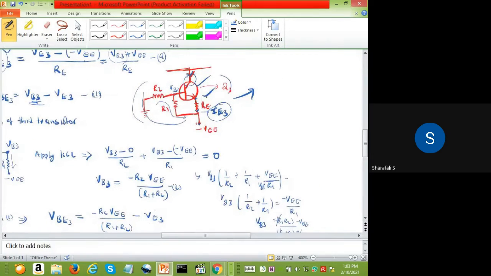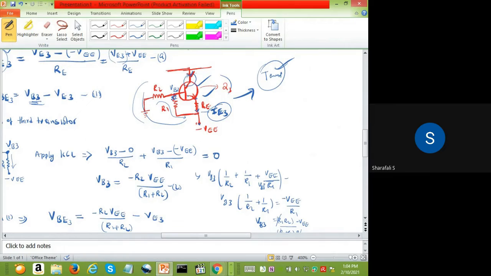Also, in order to avoid temperature fluctuation, because of temperature there will be some minority carriers. If the temperature varies, then there will be minority carrier variation. So in order to avoid that, we will also connect one diode here.